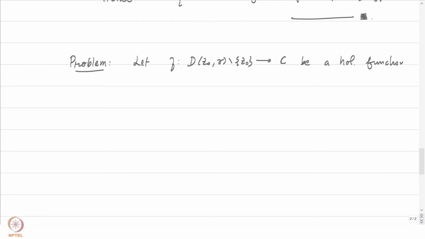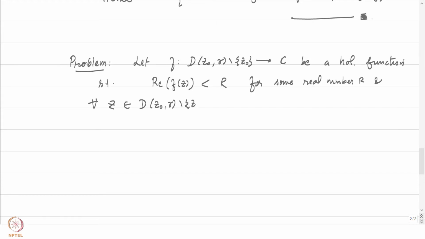Let's now consider another problem where our singularity has certain specific behavior. Let f from D(z0, R) minus z0 into C be a holomorphic function. That means that it has an isolated singularity at z0, such that the real part of f(z) is less than some r for some real number r, for all z in D(z0, R) minus z0.